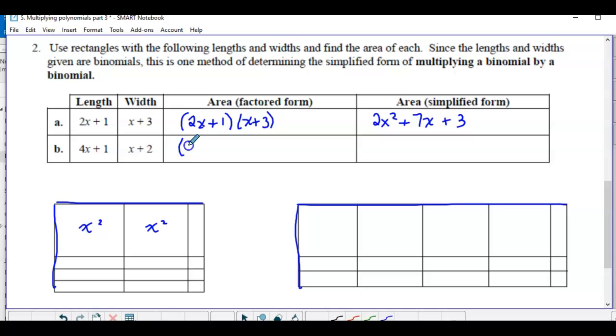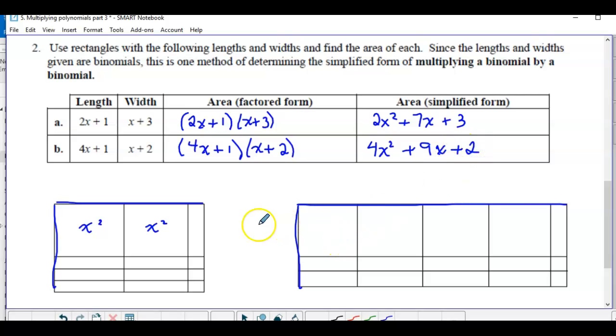Okay, so factored form of the area is 4x plus 1 times x plus 2. So that's the same as the area of each individual part, which we've got 4 big squares, which each have an area of x squared. So that's 4x squared. So we've got 2, 4, 6, 8, 9 x's and 2 ones.